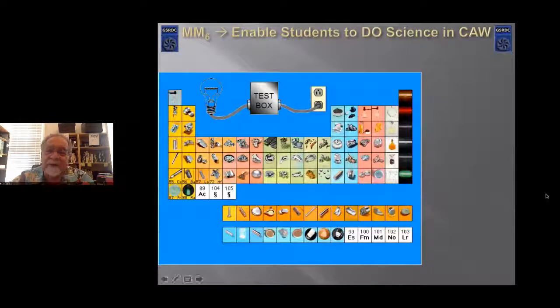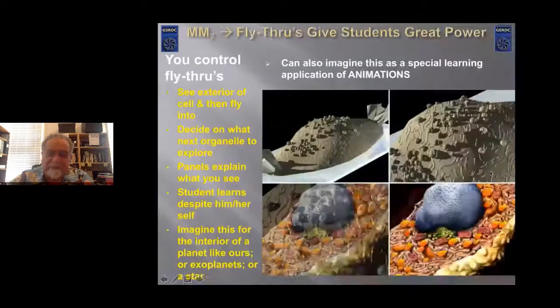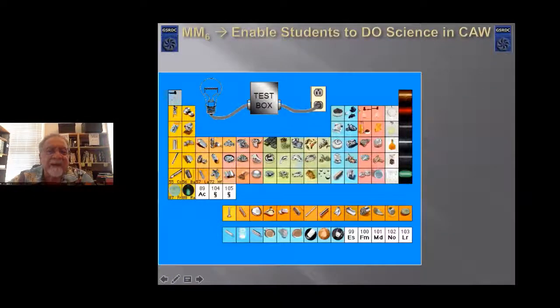In this one, they actually did experiments. They could pull iron into the test box and see whether it conducts electricity or not. In this way, they could test every element in the periodic table interactively themselves and find out where the metals were and where the metals weren't.